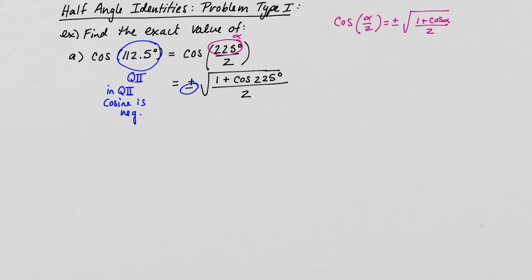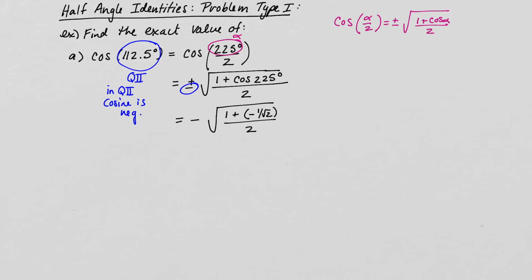So if I rewrite, my answer is going to be negative square root of 1 plus the cosine of 225, which is minus 1 over the square root of 2, all over 2. And we would like to rationalize this a little bit. I don't mind that there's a square root or a fraction under the radical sign, but I do mind the little tiny fraction.